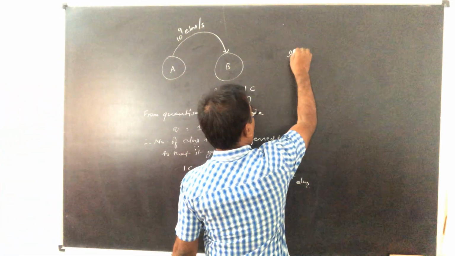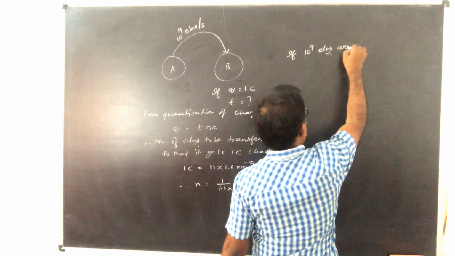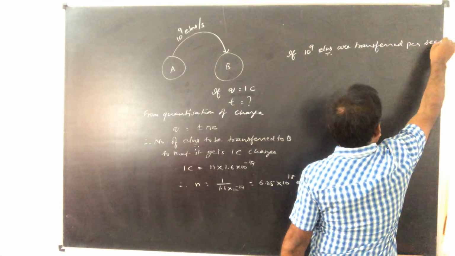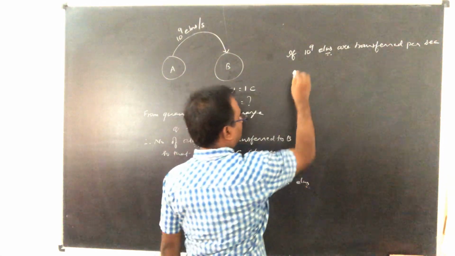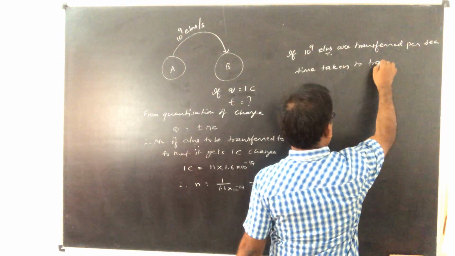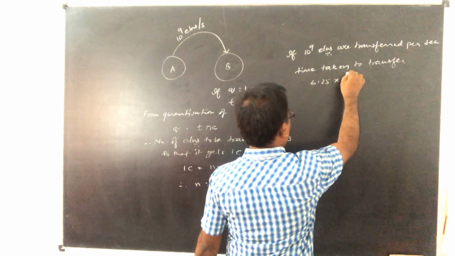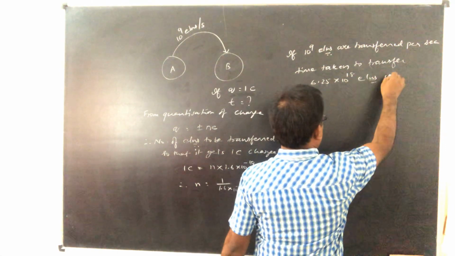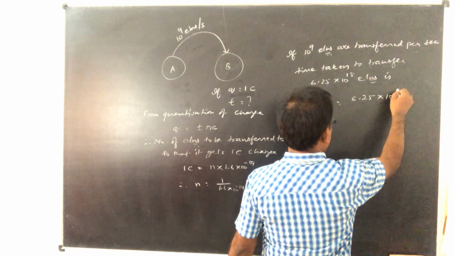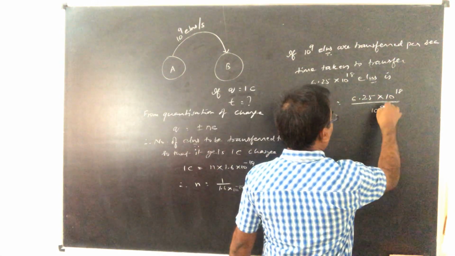So if 10 to the power of 9 electrons are transferred per second, the time taken to transfer these electrons is 6.25 into 10 to the power of 18 divided by 10 to the power of 9.